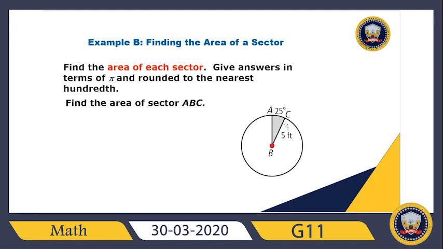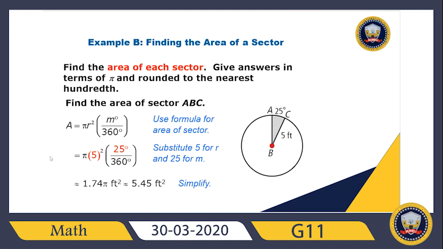So the angle is 25 and the radius is 5, so we can use the formula to find the area of the sector. Again, as we did before, A equals πr squared times m over 360, so just plug in R equals 5 and m equals 25, and you can find the area of a sector.